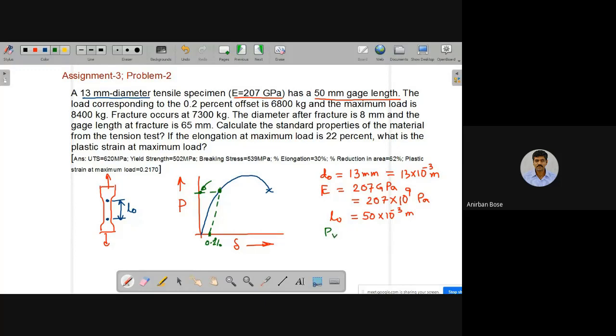So P corresponding to the yield point is given as 6800 kg. Okay. What else? Then the maximum load is 8400 kg.